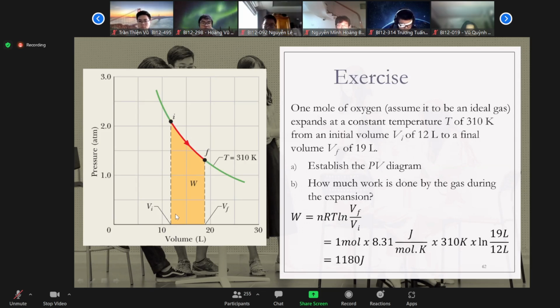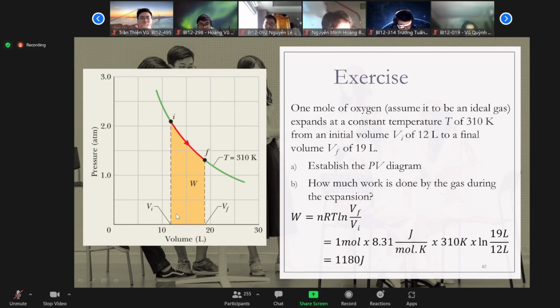If we apply PV equals nRT at constant temperature, we have the value for temperature, we have 1 mole for n, and we have R. Then for each volume, we can calculate a pressure.